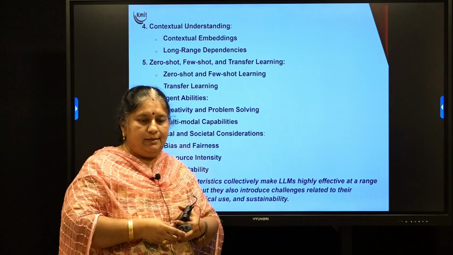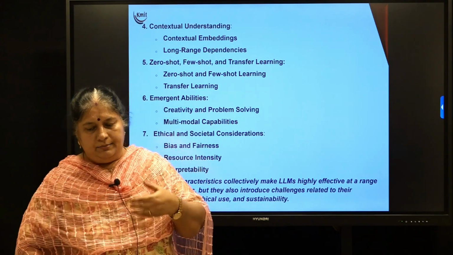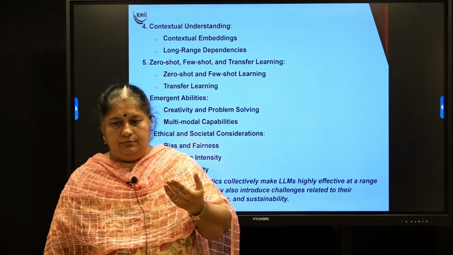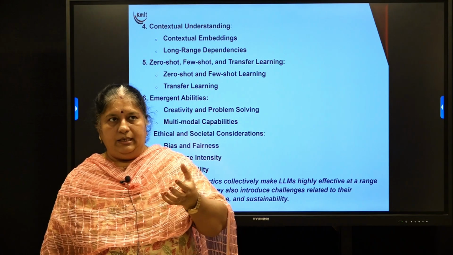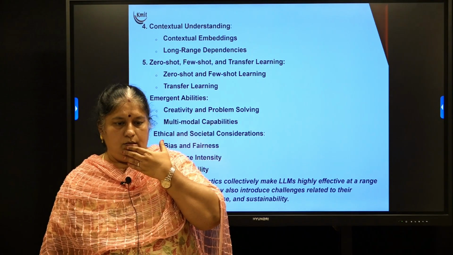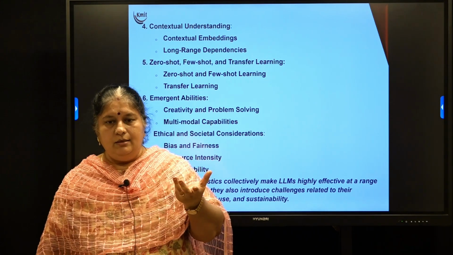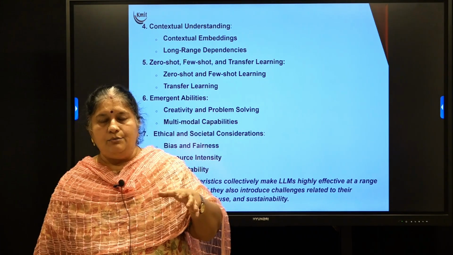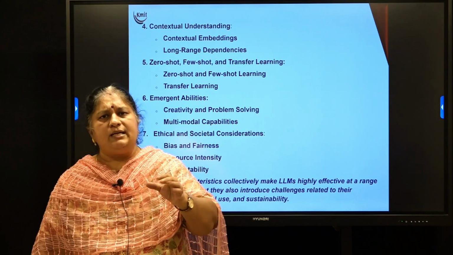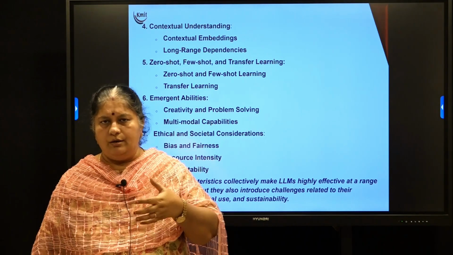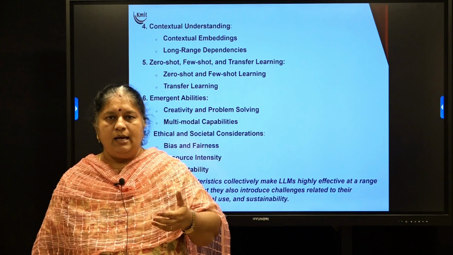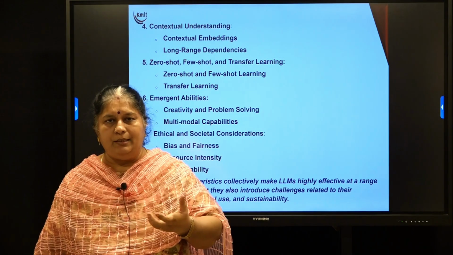So say for example, I might say, I have an apple, right? So what is the context now? Say for example it's lunchtime in your office or in your college. Suppose I say I have brought an apple.